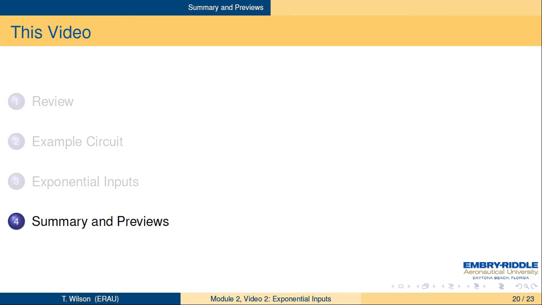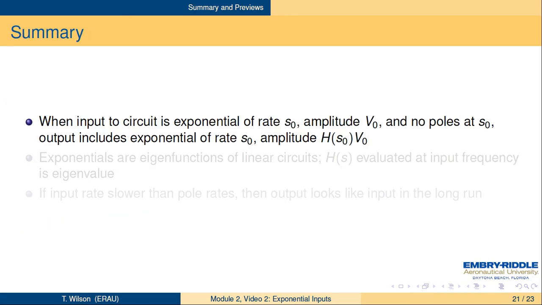So to summarize and give a future look here, we saw today that when the input to the circuit is an exponential of rate s naught and amplitude v naught, and there's no poles in the circuit at s naught, the output includes an exponential of rate s naught, amplitude H of s naught v naught. The output amplitude of the exponential at the input frequency is H evaluated at the input frequency times v naught.